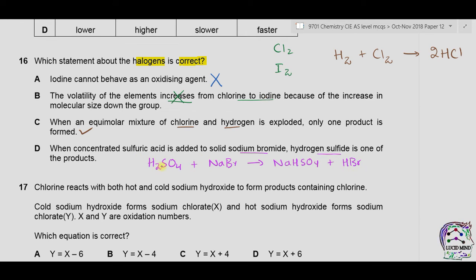HBr can be further oxidized by this concentrated sulfuric acid in a second chemical equation to form bromine, sulfur dioxide and water. As we can see that in the products formed, no hydrogen sulfide is formed, so therefore D is wrong. Correct answer is therefore C.